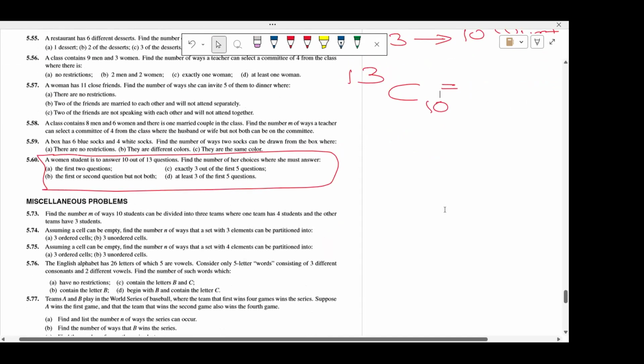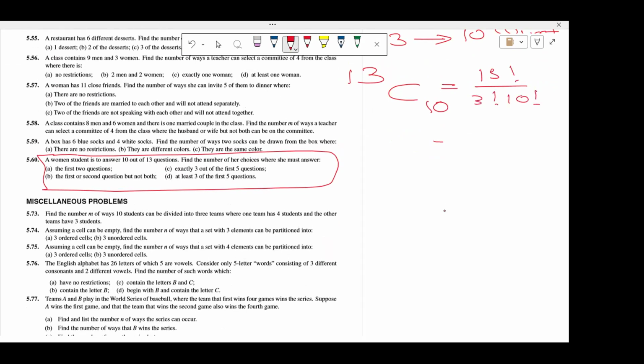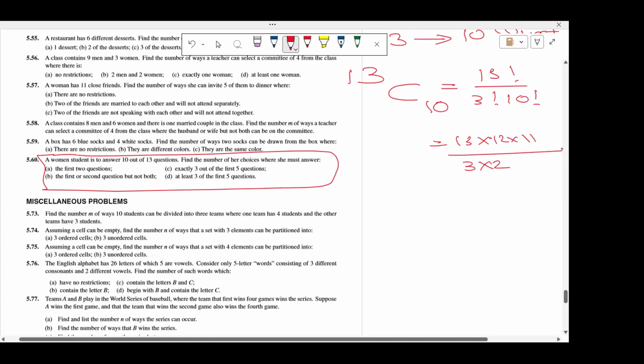So altogether 13C10, 13 factorial over 3 factorial into 10 factorial, right? So 13 into 12 into 11 into 10 factorial over 3 factorial, 3 into 2, right?